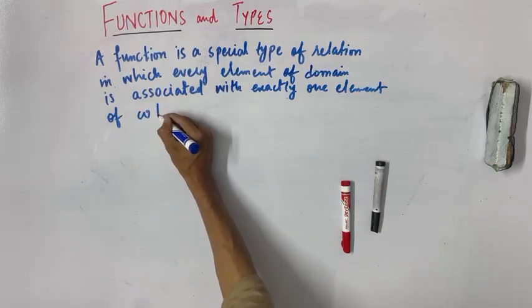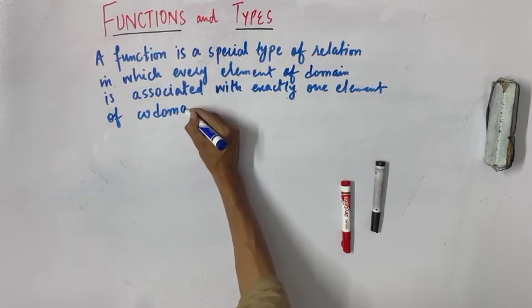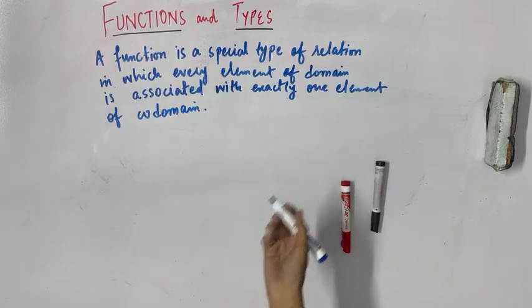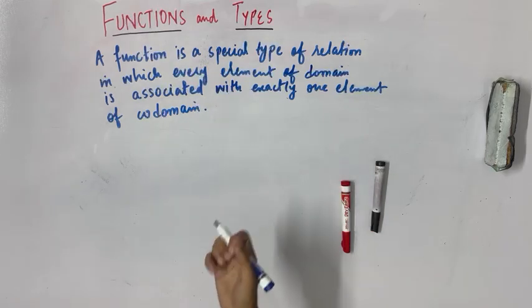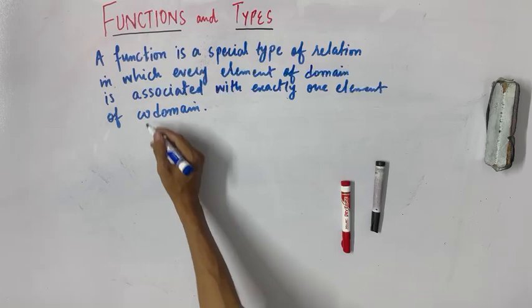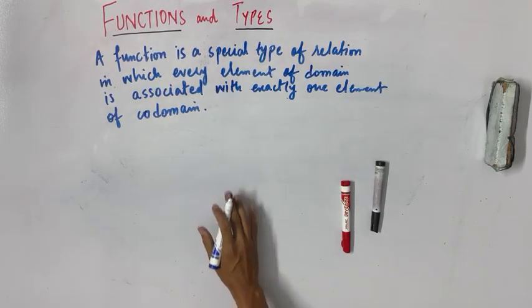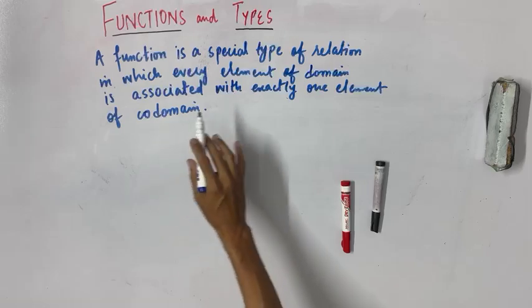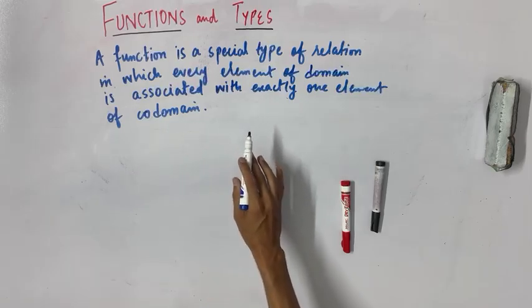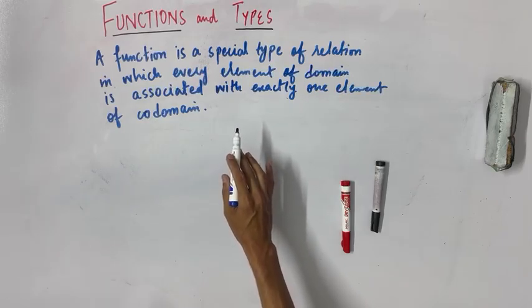We will see this term as well, what is meant by codomain. We have already seen domain and range in our video related to binary relation, but we have not used this word codomain. We will see it today in this video. So it is written, a function is a special type of relation in which every element of domain is associated with exactly one element of codomain.